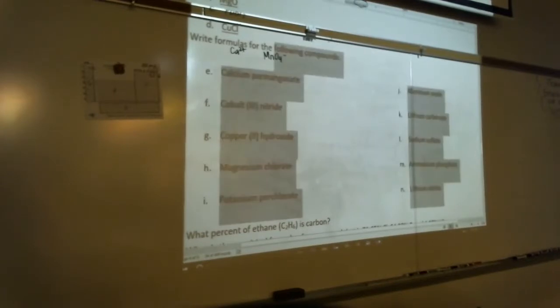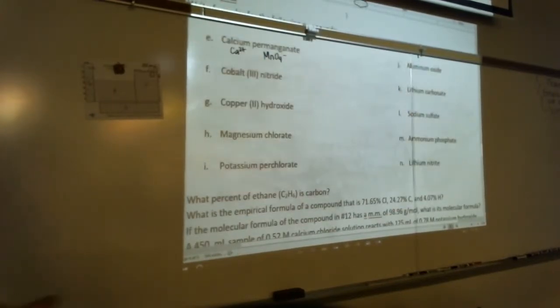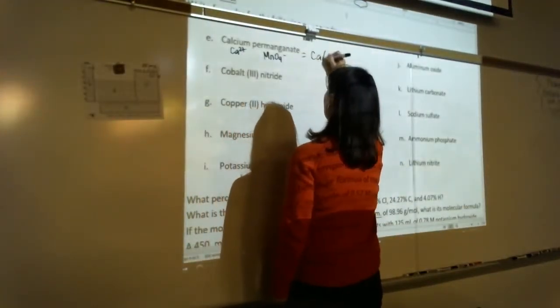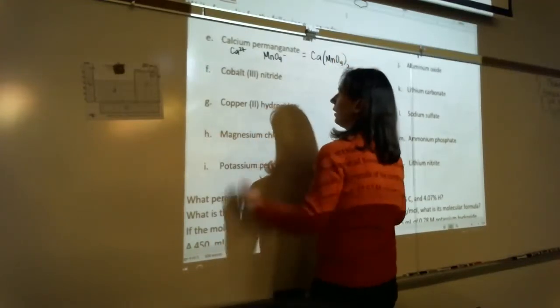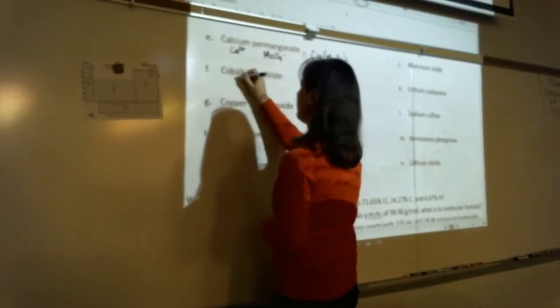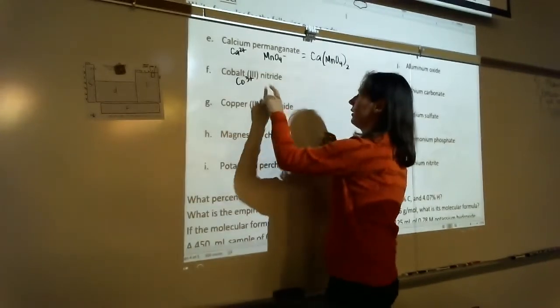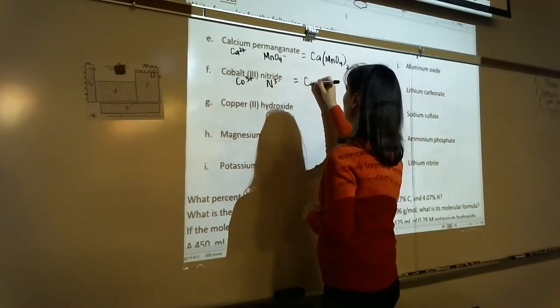All right, so what's the formula for this going to be? Ca(MnO4)2. Okay, this cobalt-3 tells me it's Co with what charge? 3+. 3+, and what's nitride? N3-. N3-, so this is just CoN.